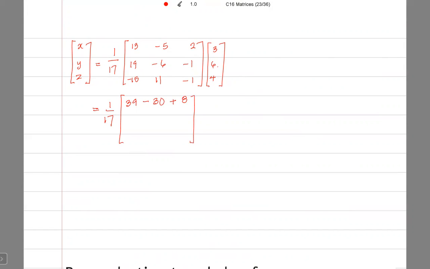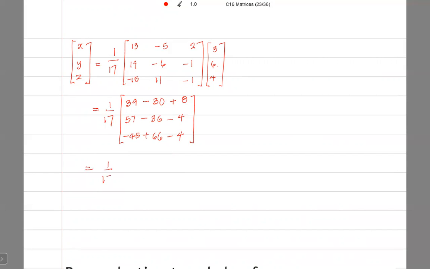Middle row, 3 times 19, that's 57. Minus 6 times 6 is minus 36. Minus 1 times 4 is minus 4. Bottom row, minus 15 times 3 is minus 45. 11 times 6 is 66. Minus 1 times 4 is minus 4.